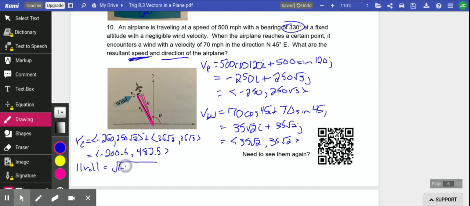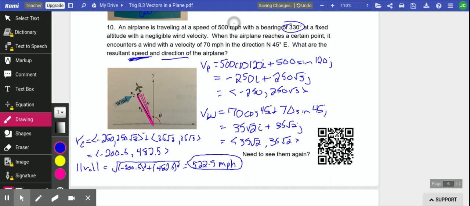So we're going to take negative 200.5 squared plus 482.5 squared. We're going to take the square root of that. We're just going to put that all into the calculator because those are big numbers. And we get 522.5 miles per hour. That is the resultant speed.